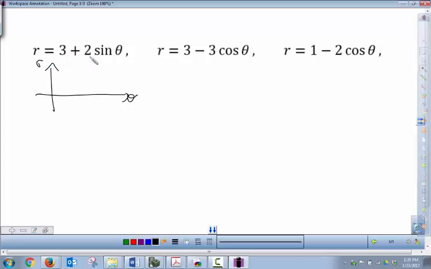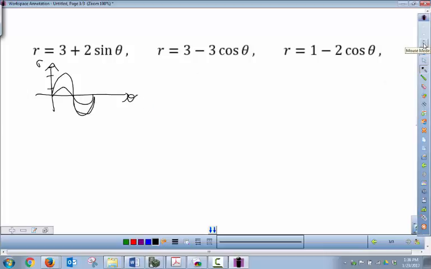So I have 2 sine theta. Sine theta is a sine function. 2 sine theta would have an amplitude, and then 3 plus that would move it. Now, if you move it 3 units, this is 1, this is 2, this is 3. If you move it 3 units up, here's a question.